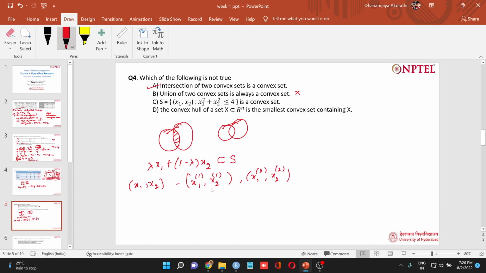Now we have to know whether these 2 points and the line segment lambda x1 plus 1 minus lambda x2 are involved in the given set or not.